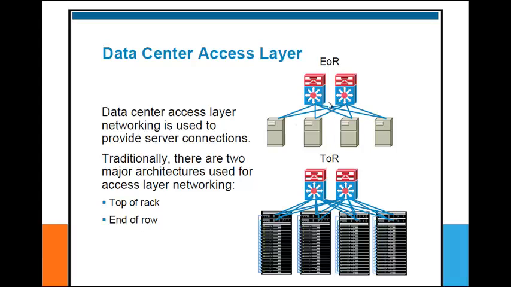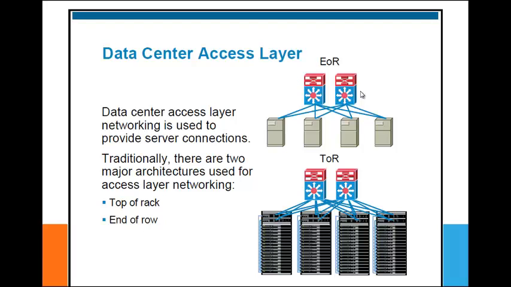And end of rack is where we connect all the top of racks together like this. A minimum number of wires are connected to this 5000 or this 7000, and plus we have fewer devices on the end of rack layer.